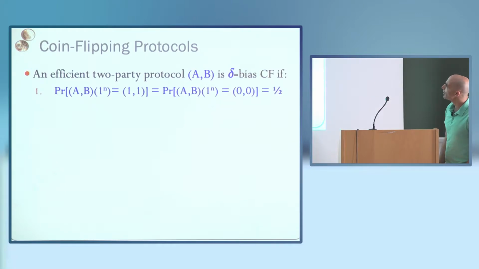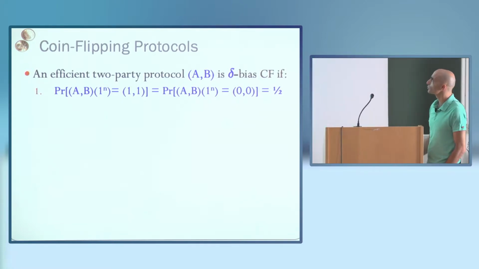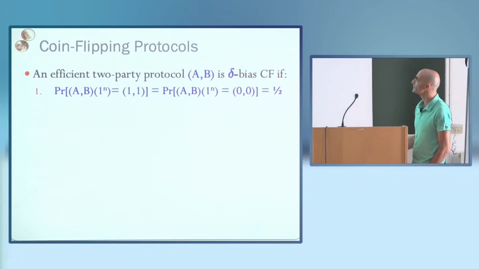So an efficient two-party protocol (A,B) is delta-bias if the probability, in an honest execution, of the output being 1 for both parties, or the output being 0 for both parties, is equal to 1/2.